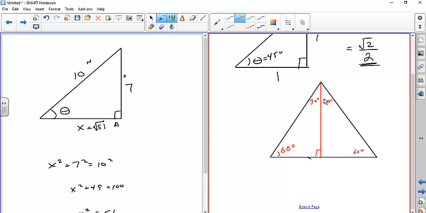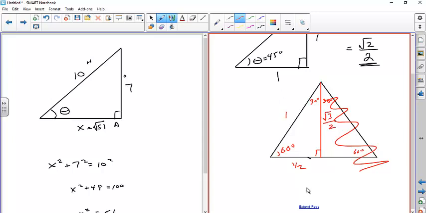So if we get rid of that, now we have a right triangle, and it's special because if each side of the equilateral triangle is 1, then half of it is a half, and using the Pythagorean theorem, the third side here is the square root of 3 over 2.